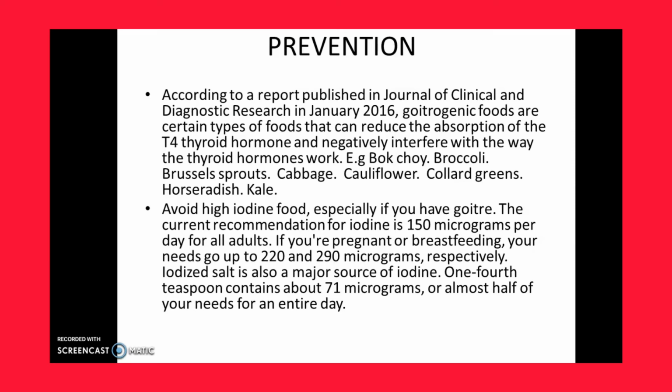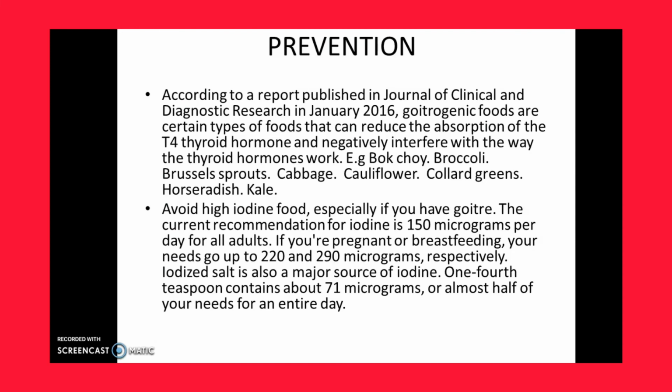When there is a low level of iodine, the thyroid gland will have to multiply itself and create that goiter, which will go after a while, just to make sure that it meets the requirements of the hormone needed for metabolism at that period. So, if you are pregnant or breastfeeding, your needs go up to 220 and 290 micrograms respectively.